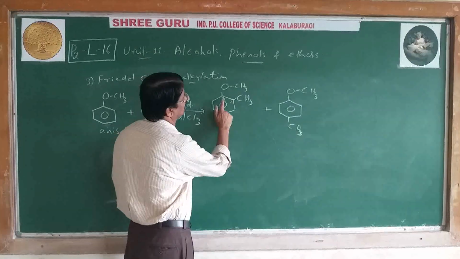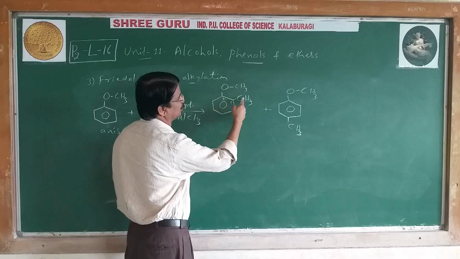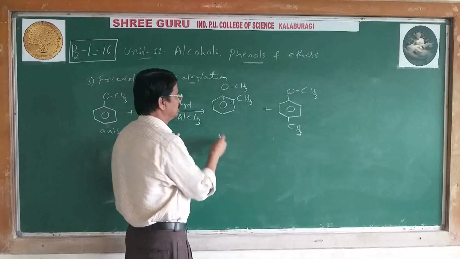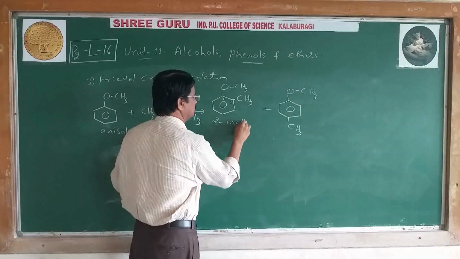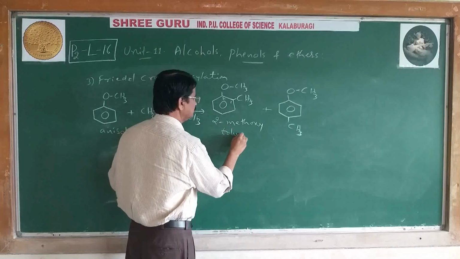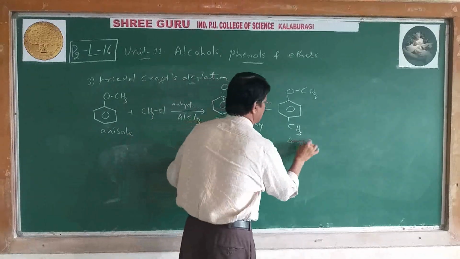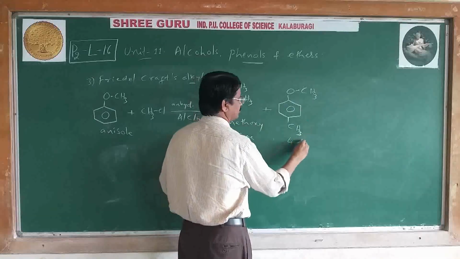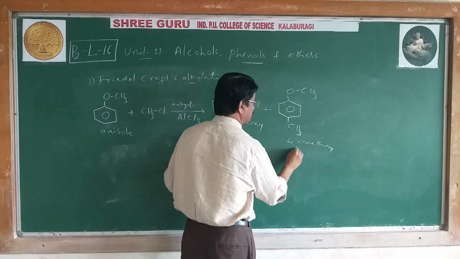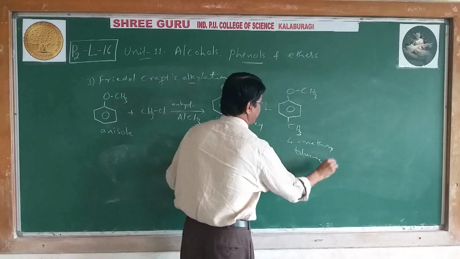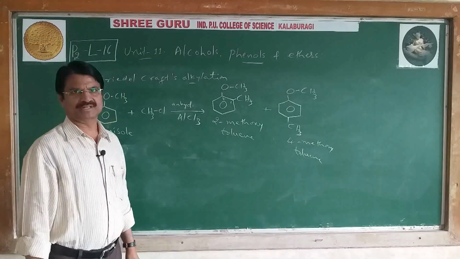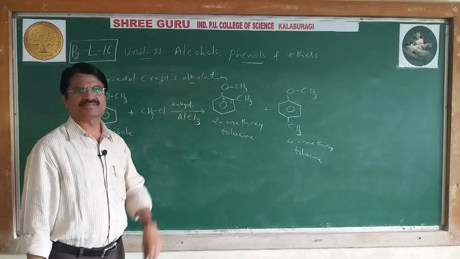Now, it is called 2-methoxytoluene. Toluene is the name, or methyl benzene also we can write. 2-methoxytoluene and 4-methoxytoluene. Yes, 2 compounds are formed.